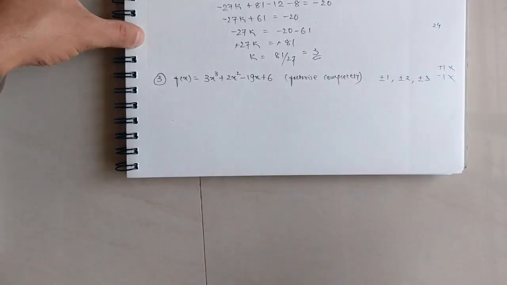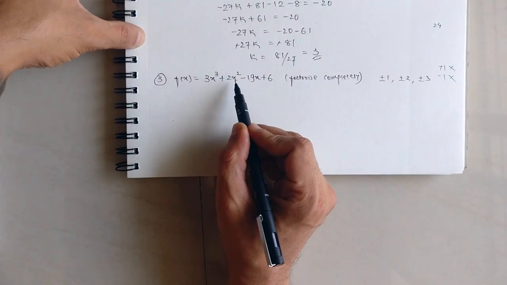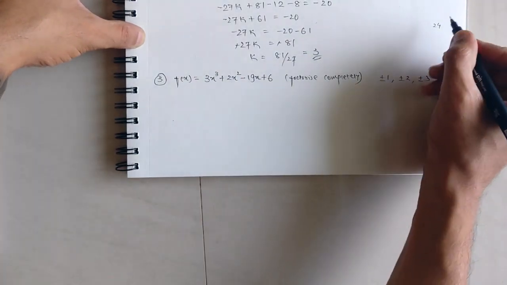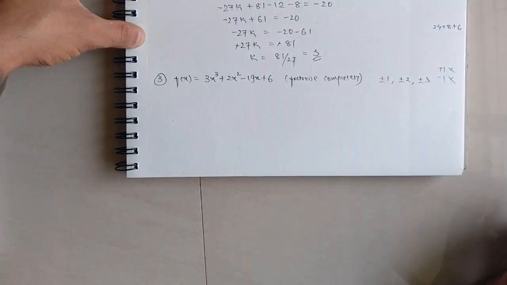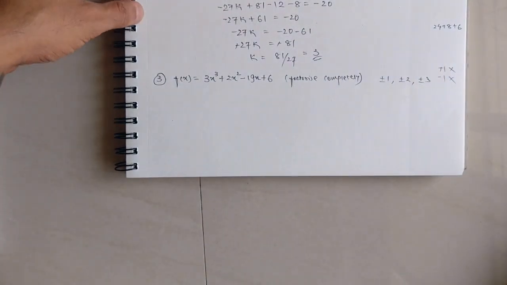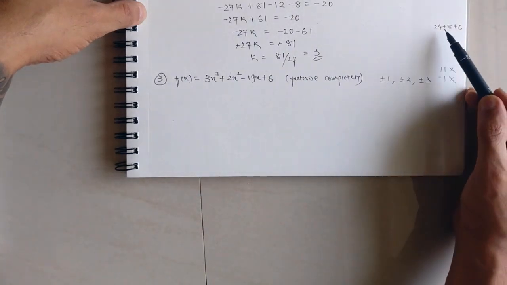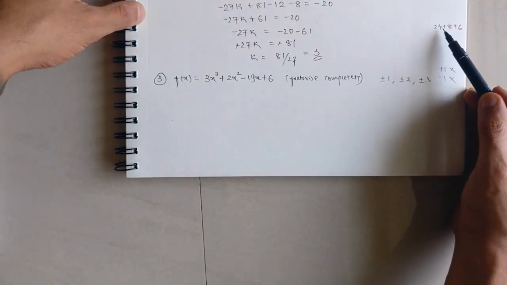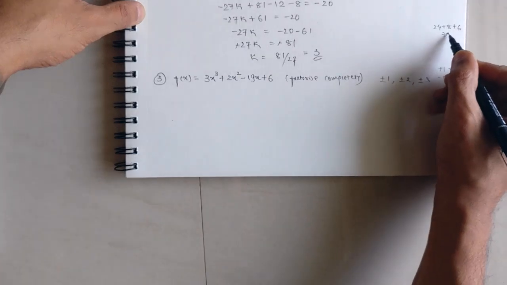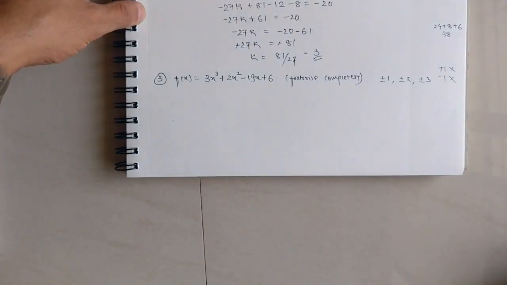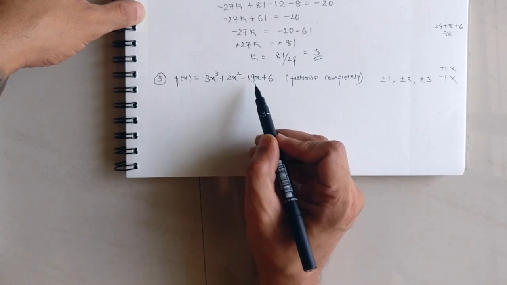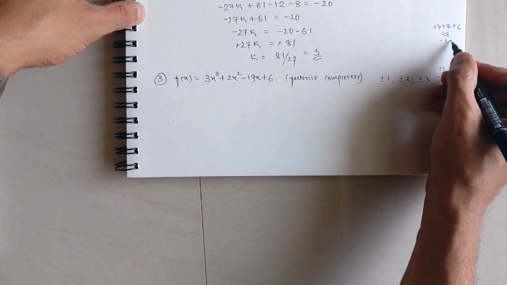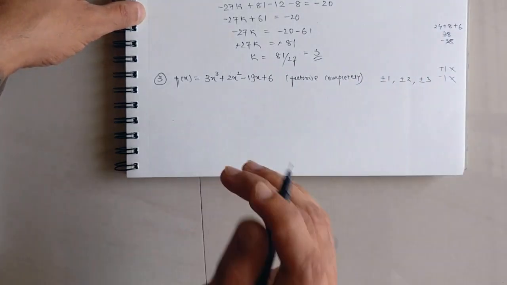I'll just write here, numbers are bigger. 2 into 2 square, 2 square is 4, 4 2s are 8, so plus 8, and we have got plus 6 over here, so just add them. 8 plus 6, 14, 14 plus 24 is 38. So I've got 38 over here, and here I'm going to put 2, so 19 2s are 38, so I've got minus 38 over here. So minus 38 and plus 38 will cancel and I will get 0.